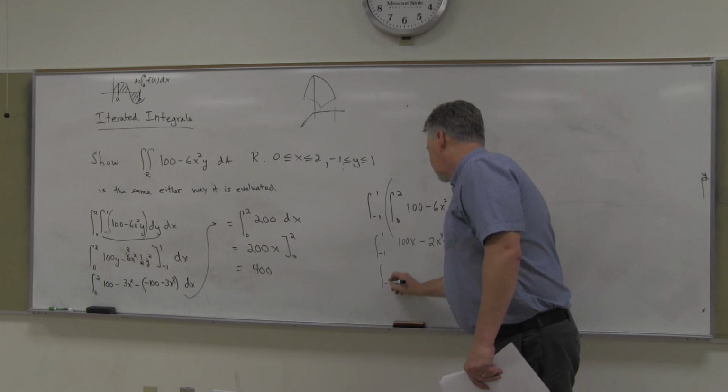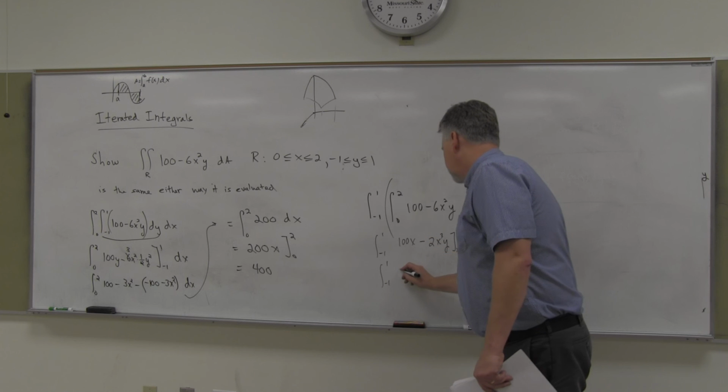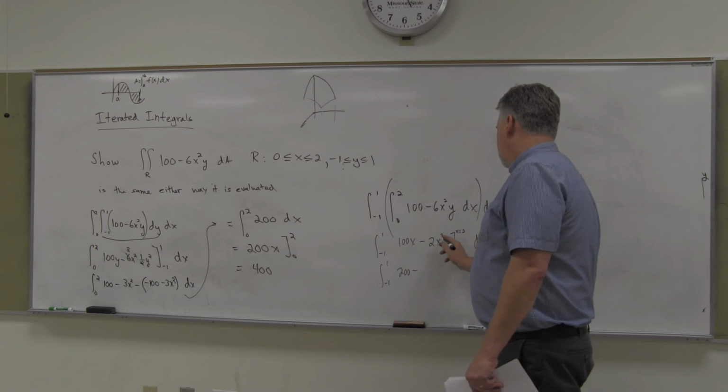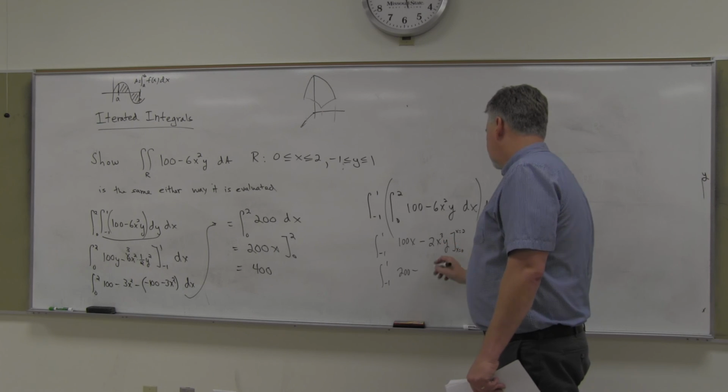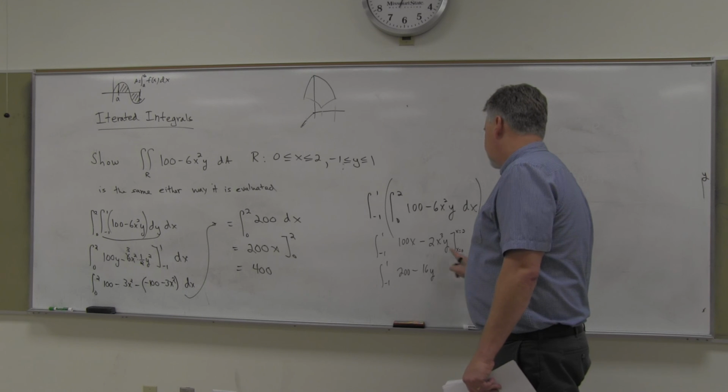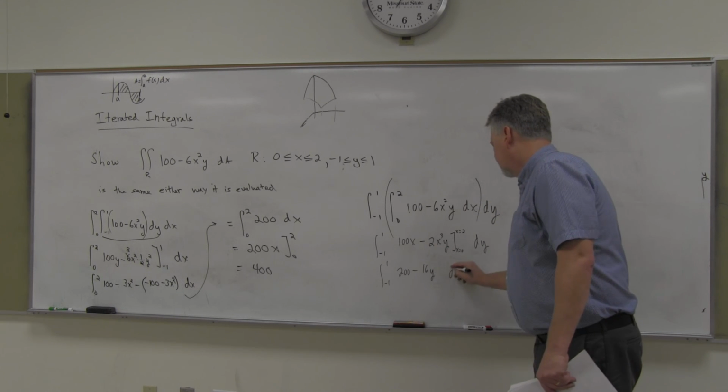So plug in x equals 2, and that'll be 200 minus 2 times 8, so minus 16y. And the good news is x equals 0 gives me zeros.